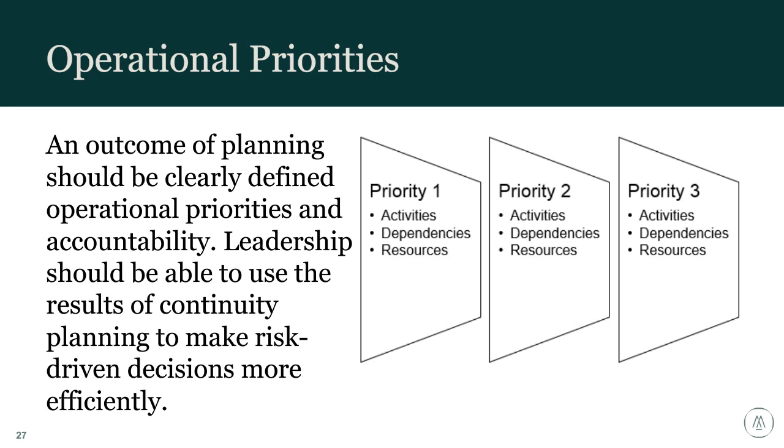But using a strategic plan, connecting it to those essential services that you've identified, to really drill down and think about what are your operational priorities and how do we hold ourselves accountable as an organization. We want to really think about the sequence of events, not only the activities, but the dependencies and resources, as mentioned earlier. We really want to equip leadership to make informed decisions in a crisis.